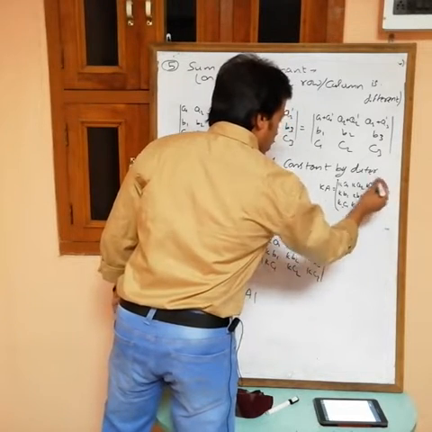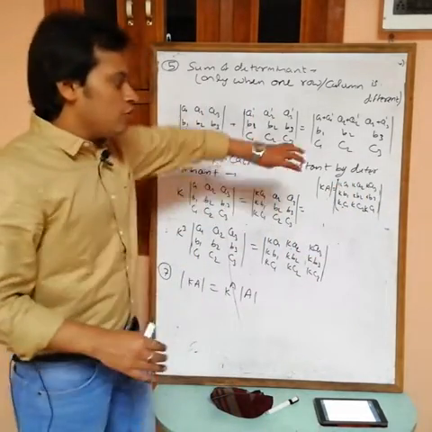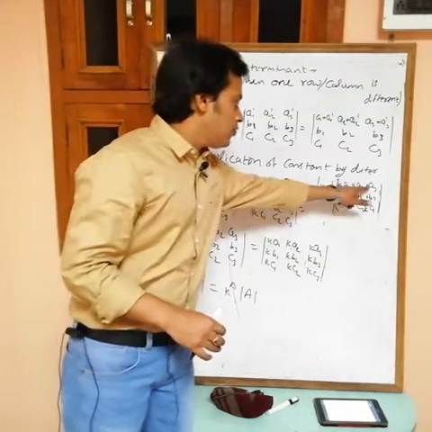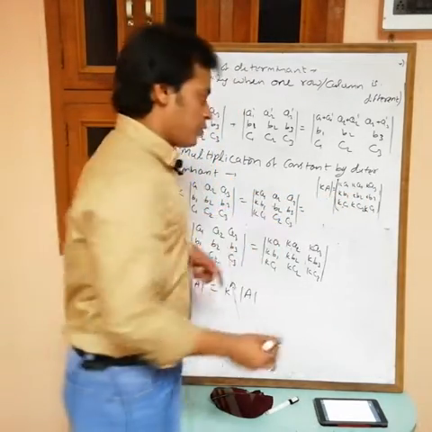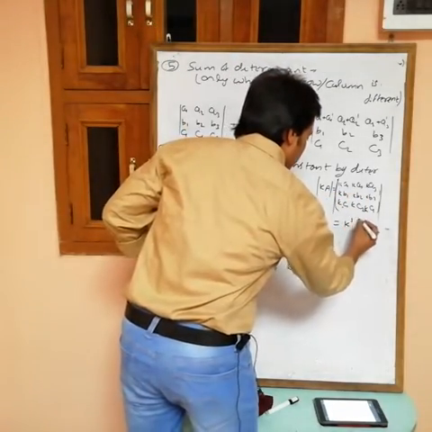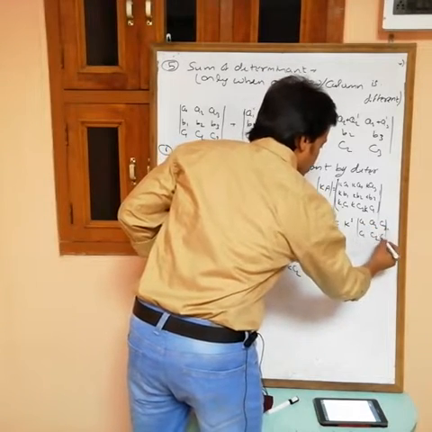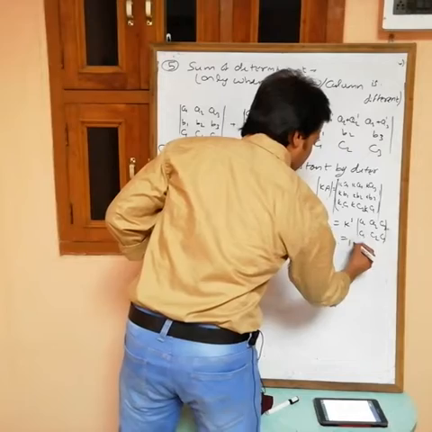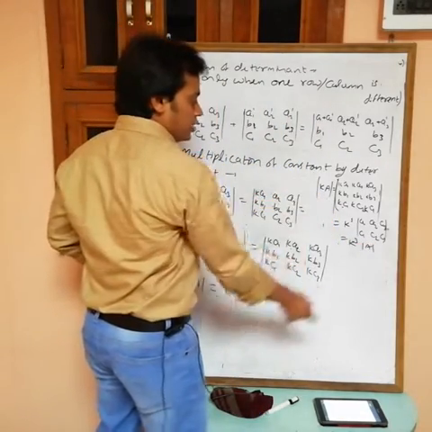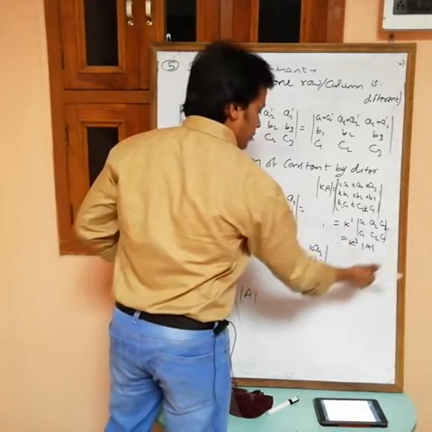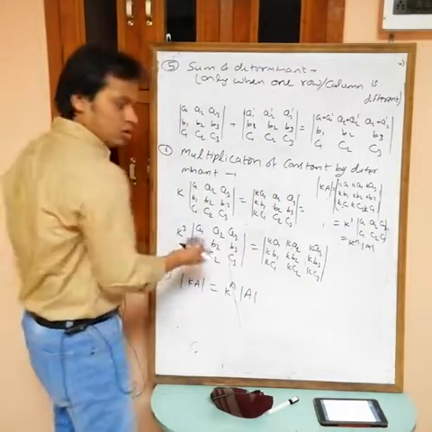Now if you take the determinant on both sides and take common k, k from one row, k from the second row, k from the third row, then you will get k power 3, then a1, a2, a3, and so on. Now this is the determinant of A. So determinant of k into A is equal to k power 3 into determinant of A, where 3 is the order n.